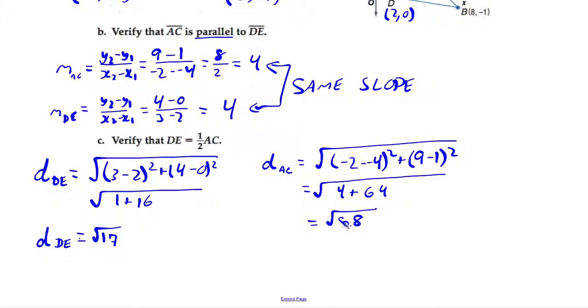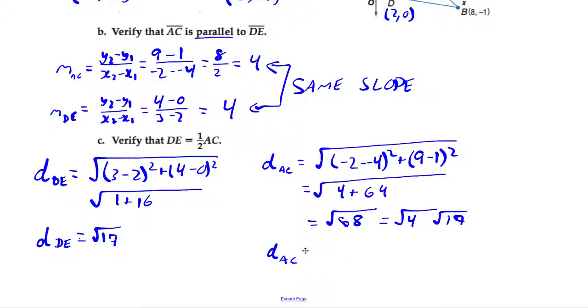Now we can actually reduce this because 68 is 4 times 17, so the square root of 68 is square root of 4 times square root of 17.